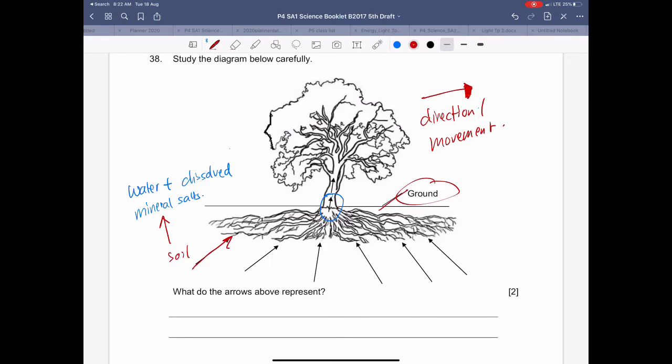So basically the arrows represent the movement of water and dissolved mineral salts.